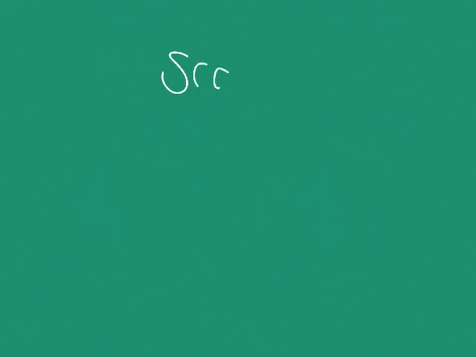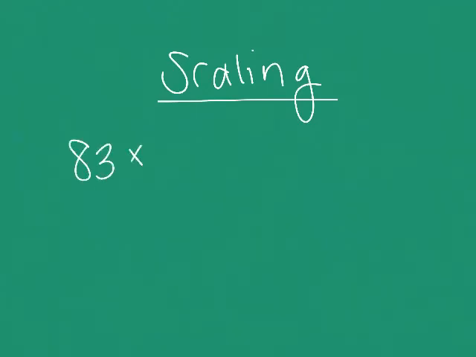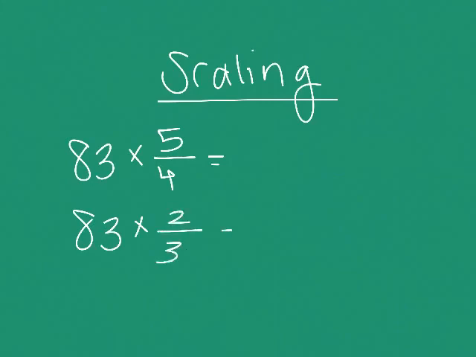Now, for some of the questions, we talk about something called scaling. And it will have a whole number, such as 83, and it will multiply it by a fraction such as 5/4. It may multiply by a fraction such as 2/3, or it may multiply by a fraction such as 6/6. When we're talking about scaling like this, and we talk about the effect fractions have on whole numbers, we've talked about this in class.